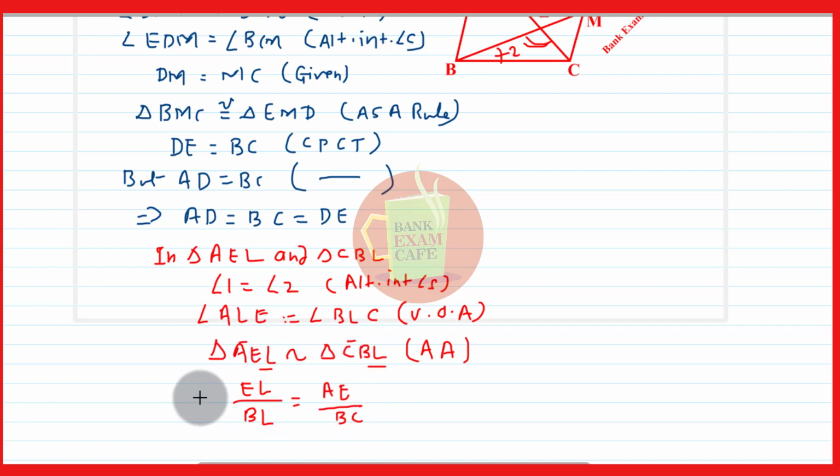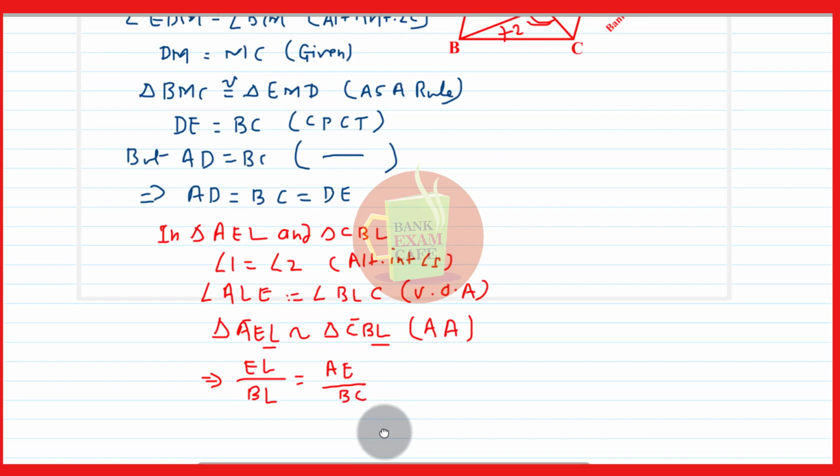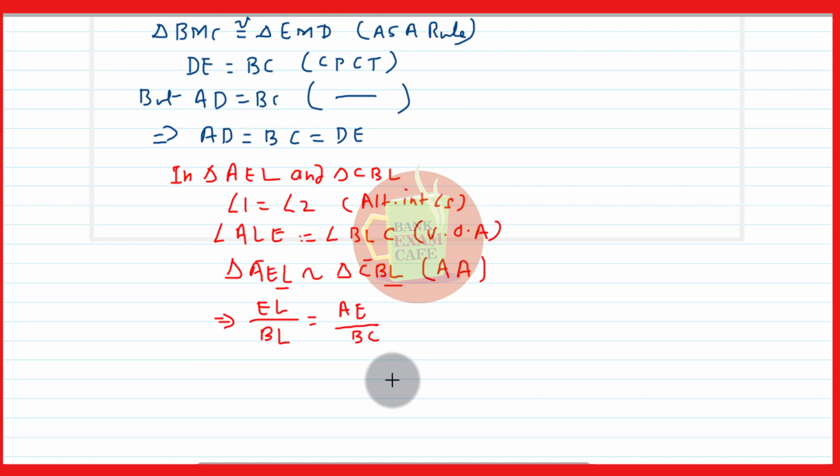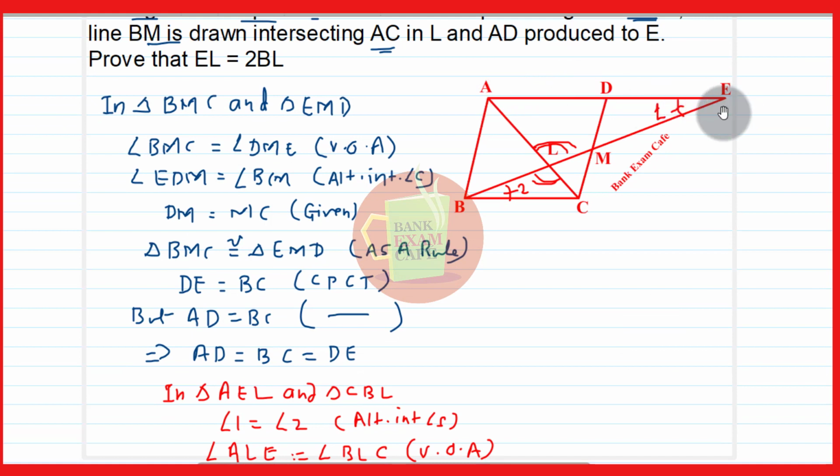So these two ratios will be equal because these two triangles are similar. And now we can solve further. So we can write EL upon BL is equal to, go to the figure, this AE we can write as AD plus DE.